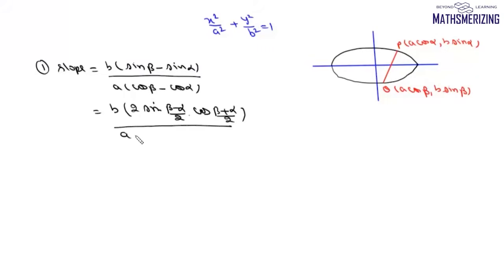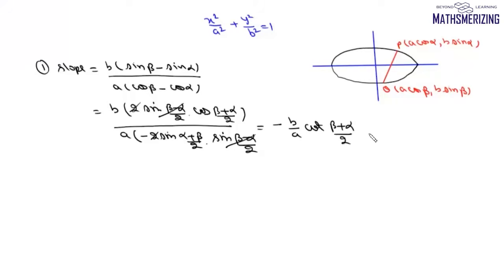And here it will be a and then minus 2 sin alpha plus beta upon 2 into sin beta minus alpha upon 2. Now we can cancel this 2 and we can also cancel this sin beta minus alpha upon 2. So slope of this chord will be minus b upon a cot beta plus alpha upon 2.